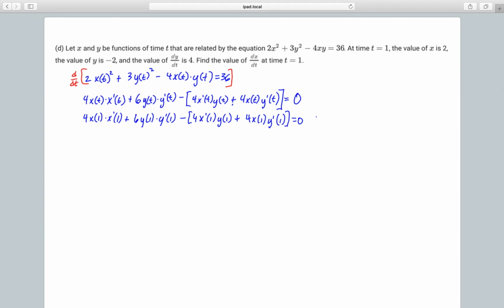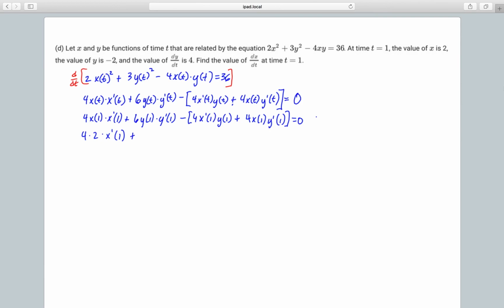So, all right, what we have is 4. x at 1 is 2, so 4 times 2 times x prime at 1. This is what we're looking for. We're looking for x prime at 1, which is dx/dt at time 1.